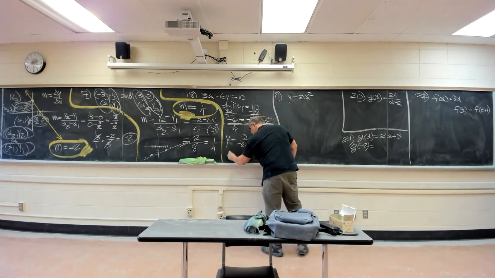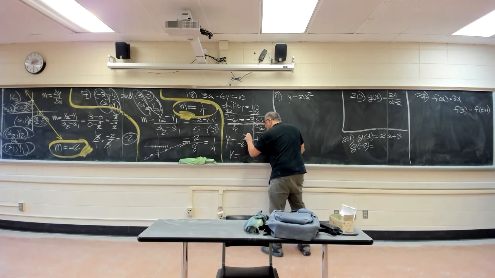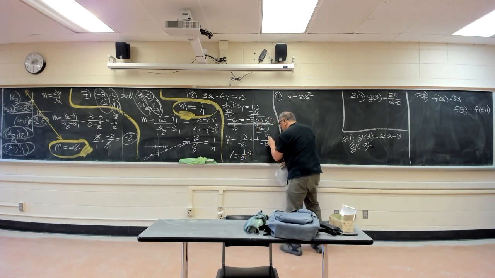This comes out to negative divided by negative is positive. 3 over 6 is a half. This right here, 2 times 5 is 10. 2 times negative 3 is negative 6. Negative 5/3.